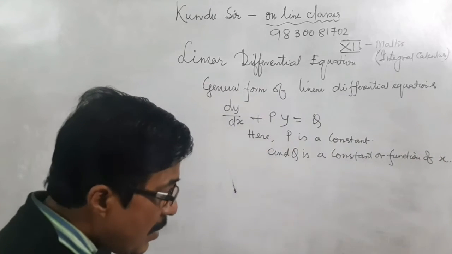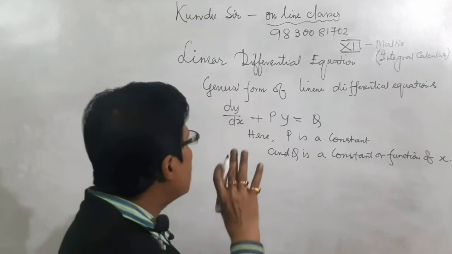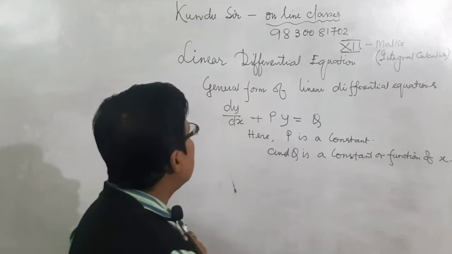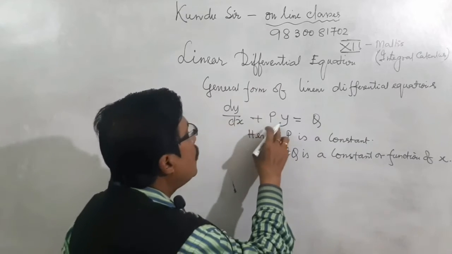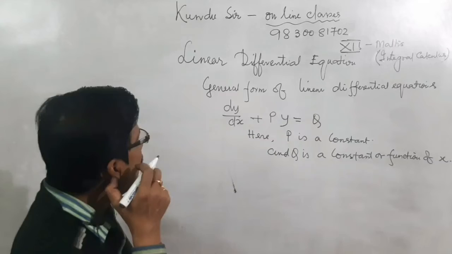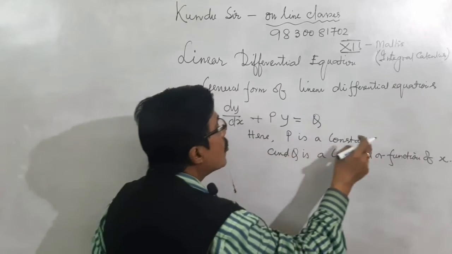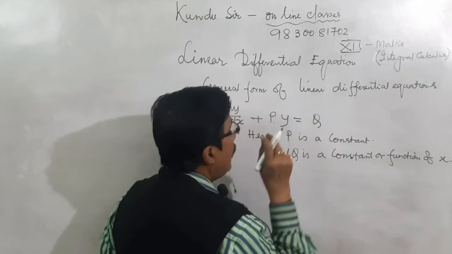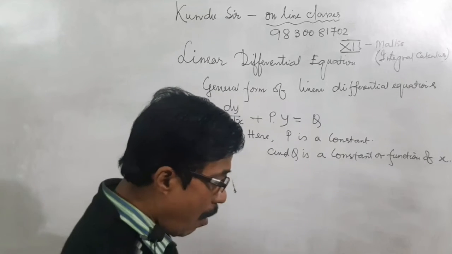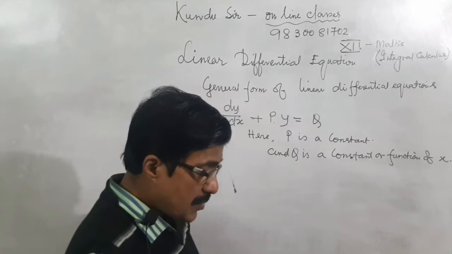That means we get the differential equation dy/dx plus p into y equal to q, and here p is a constant, q is a constant or function of x.